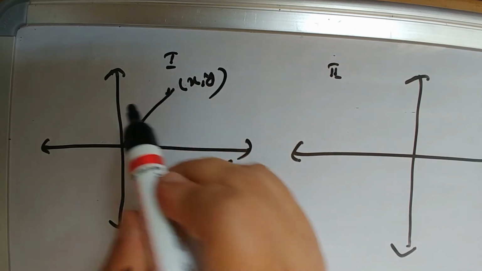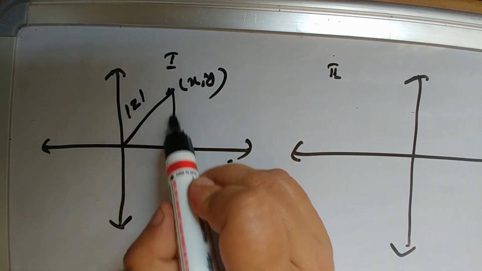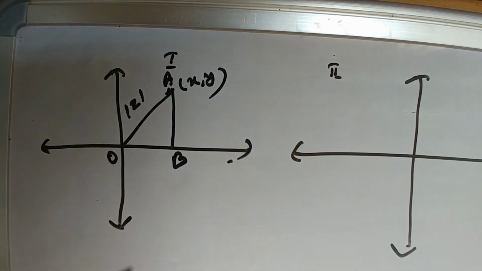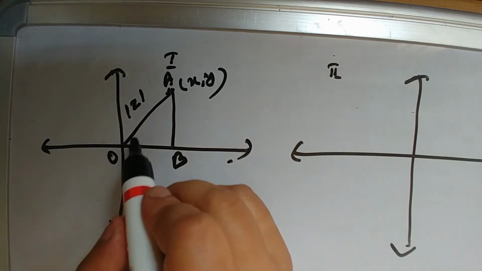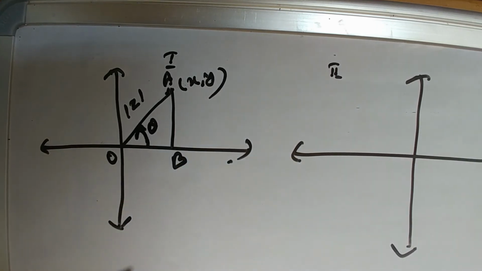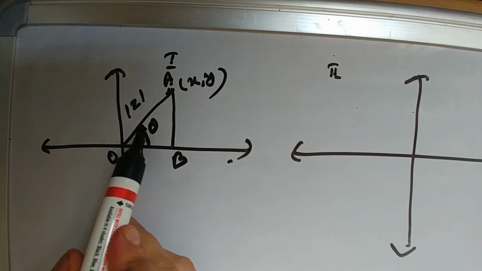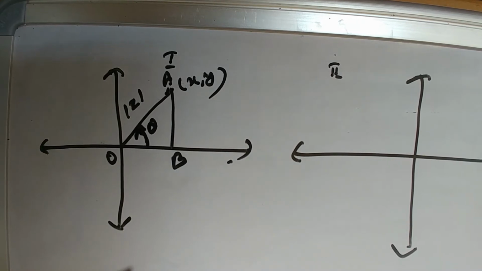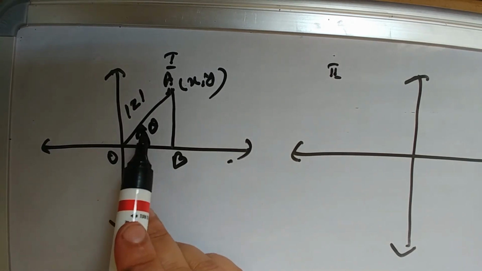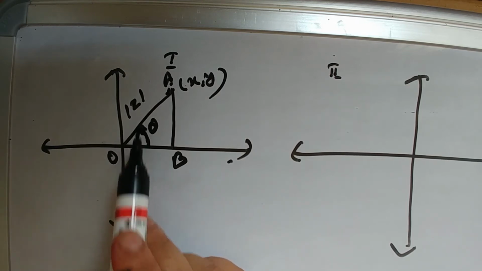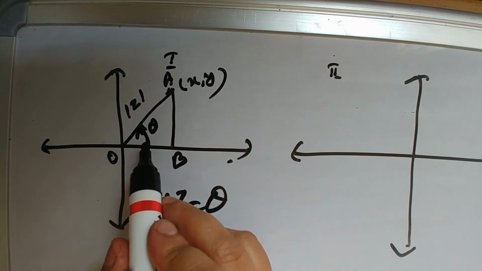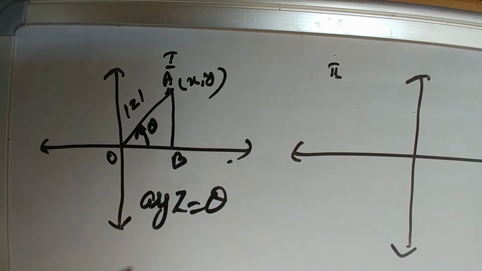So this will be your mod z, this is your OAB, and this is your theta with the positive direction of the x-axis. So in the first quadrant, with the positive direction of the x-axis, the argument of z is theta itself. That's why I told you it is theta itself.